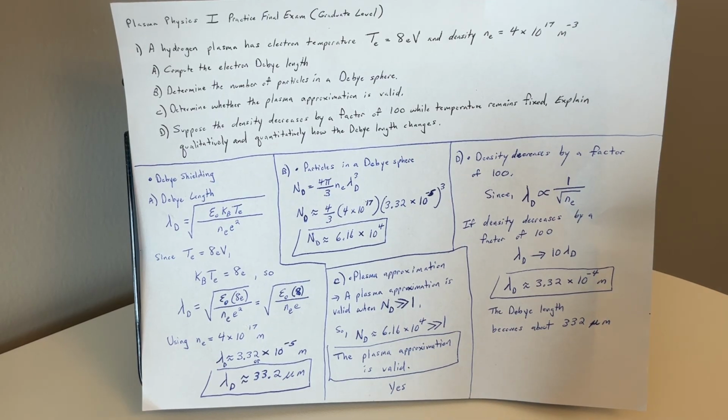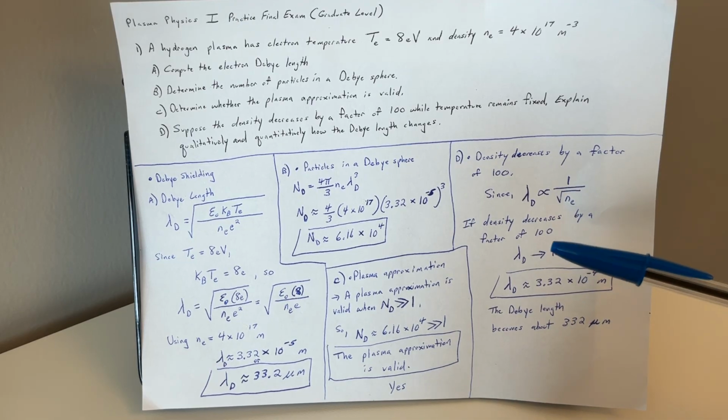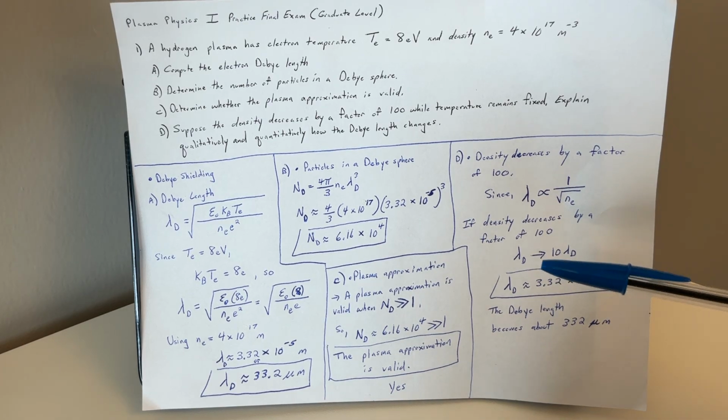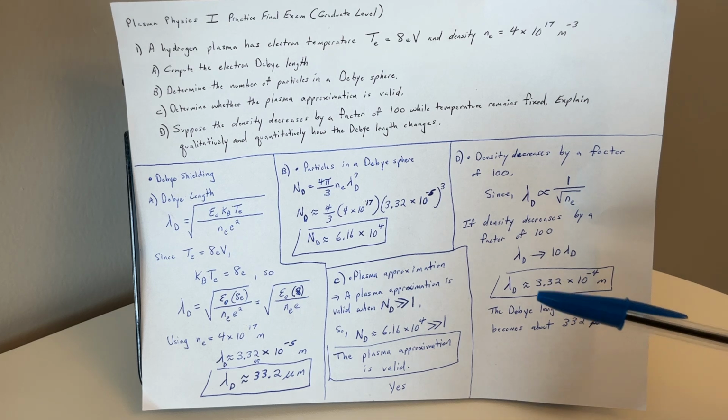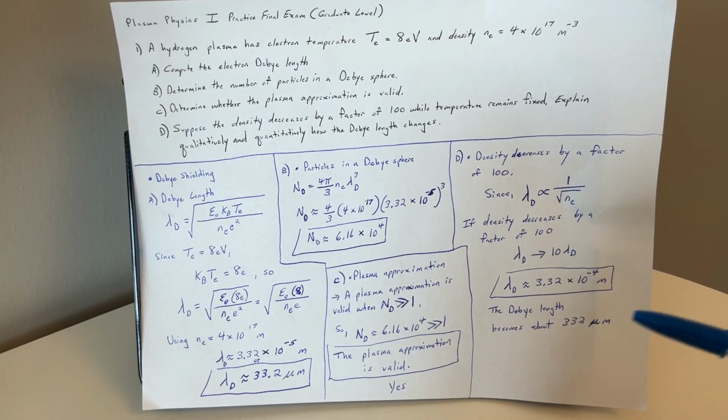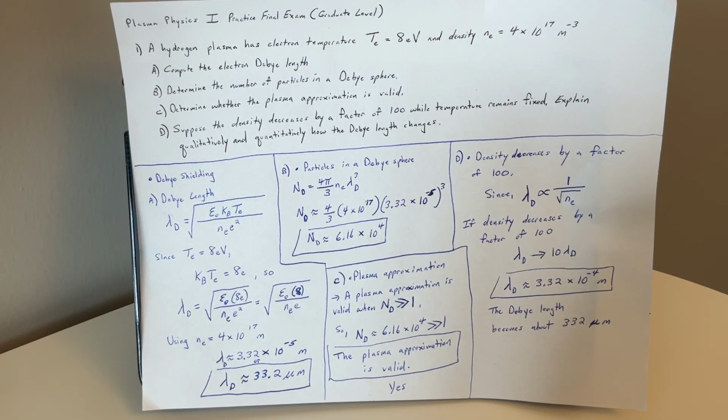If the density decreases by a factor of 100, lambda sub D goes to 10 lambda sub D. So lambda sub D will be 3.32 times 10 to the negative fourth meters. The Debye length becomes about 332 micrometers.